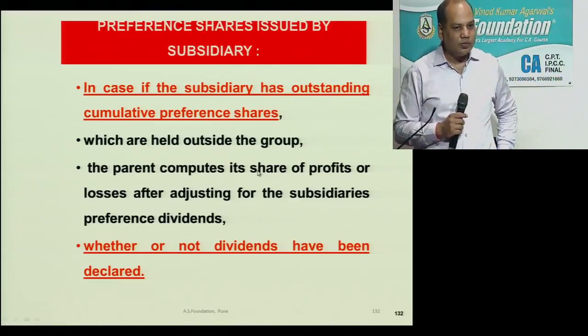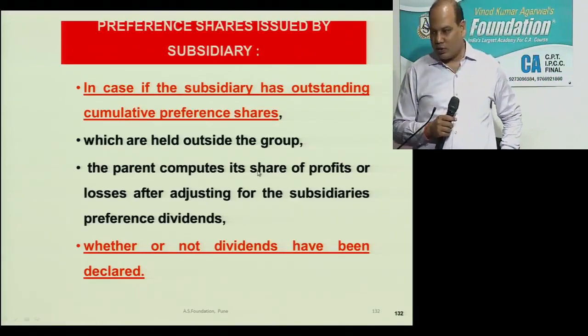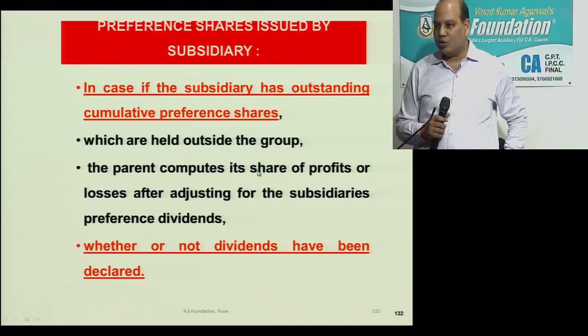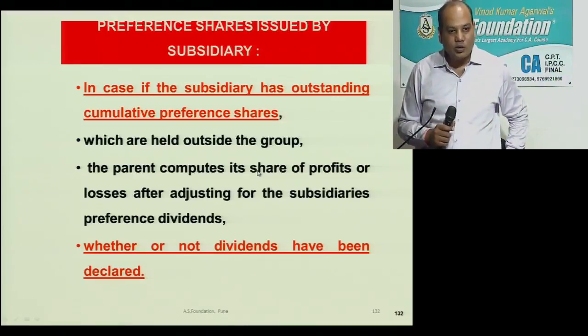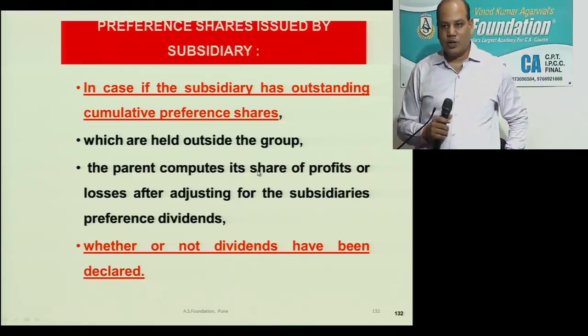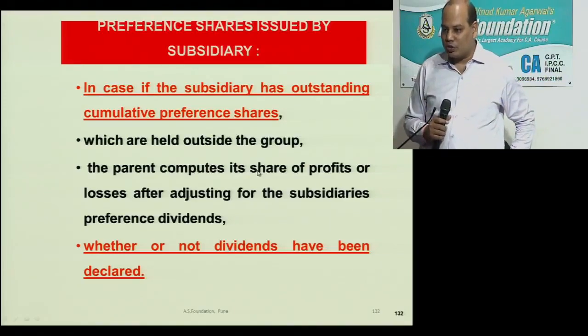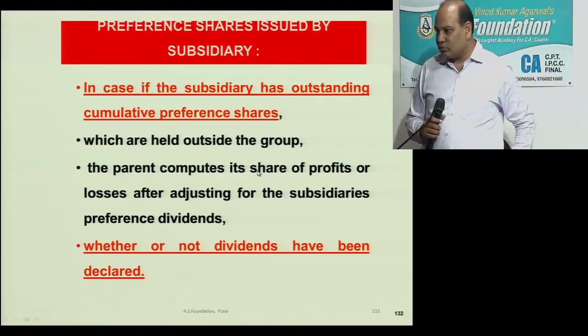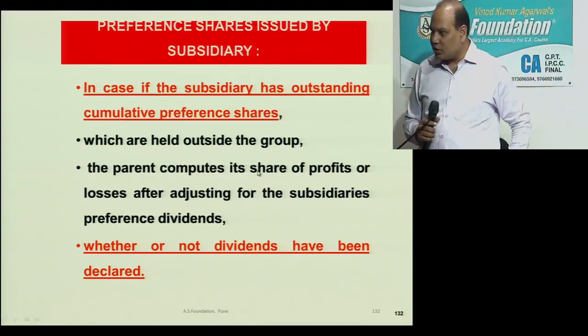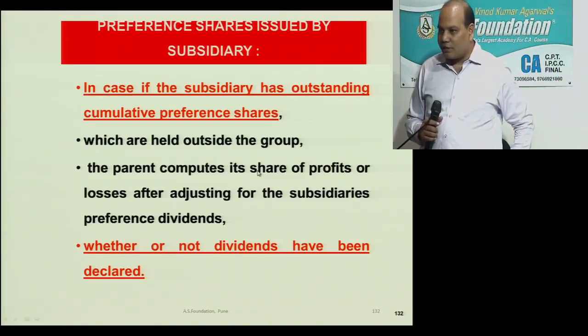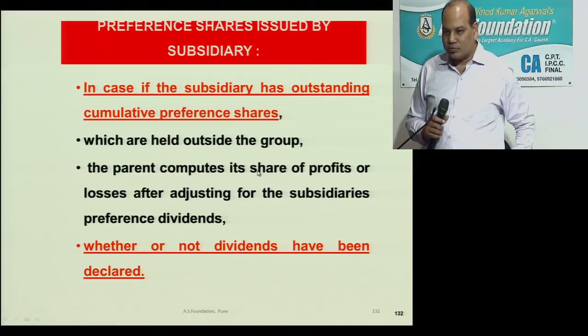The reason is that if you have issued cumulative preference shares, the liability accrues with the passage of time. Only payment is postponed. If you don't pay this year, you'll pay next year. So the liability to pay the preference dividend has accrued.